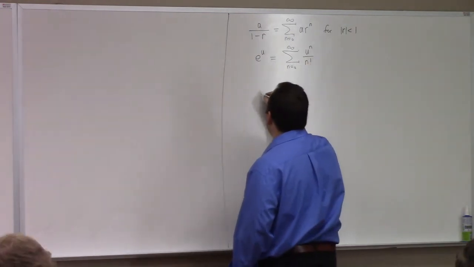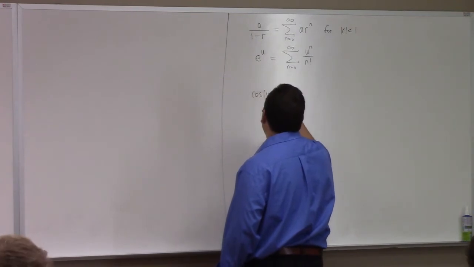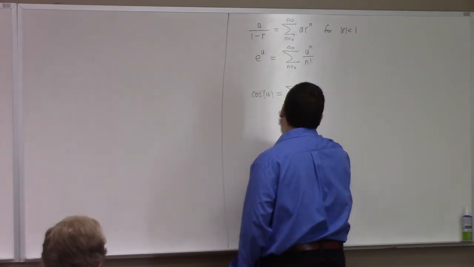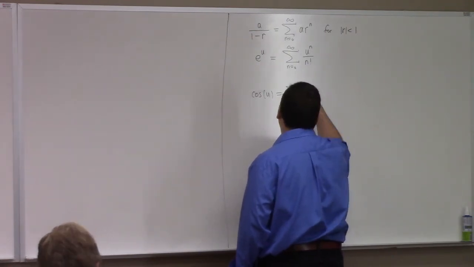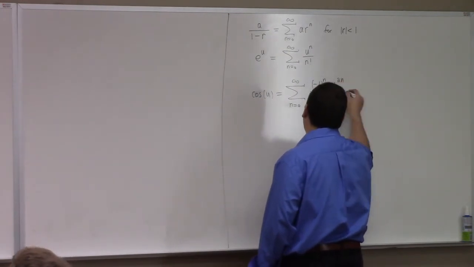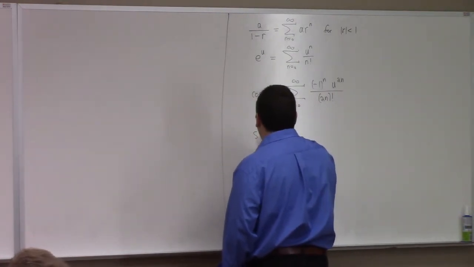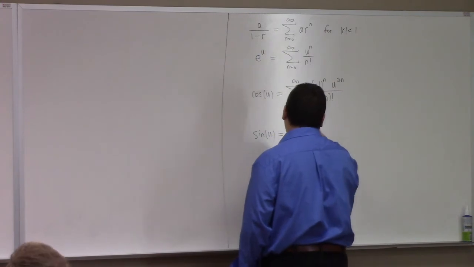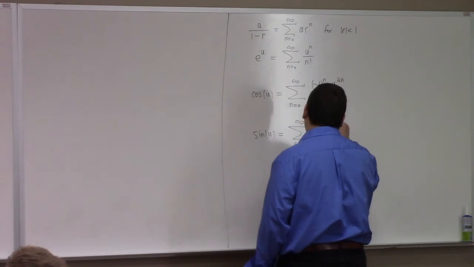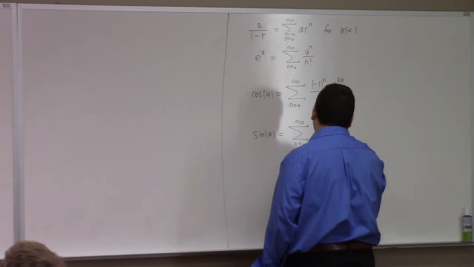Also cosine of u is the sum n equals 0 to infinity of minus 1 to the n, u to the 2n divided by 2n factorial. Sine of u is the sum n equals 0 to infinity of minus 1 to the n, u to the 2n plus 1 divided by 2n plus 1 factorial.